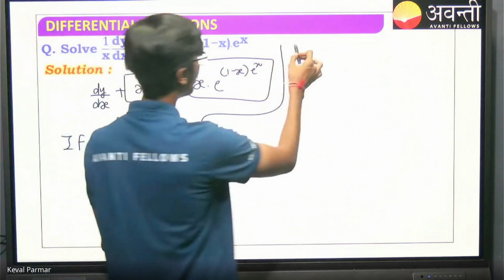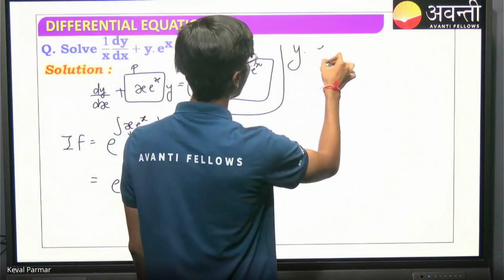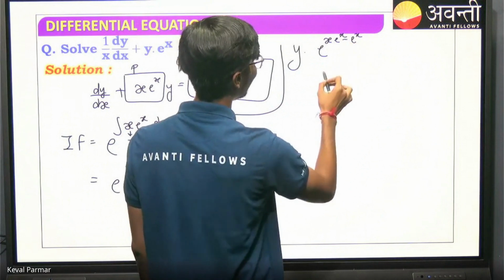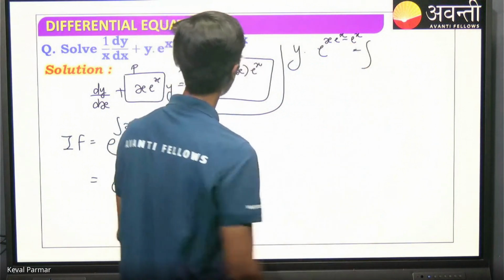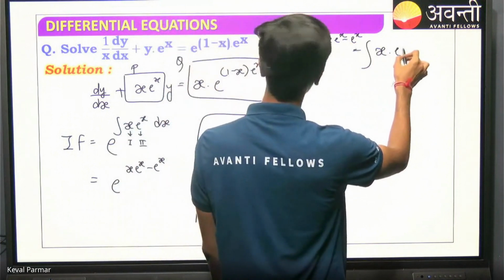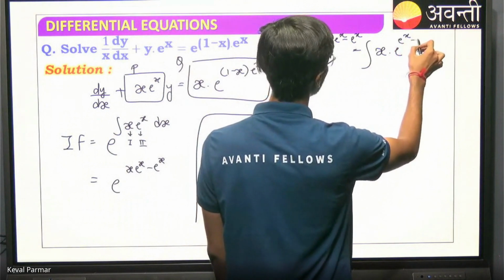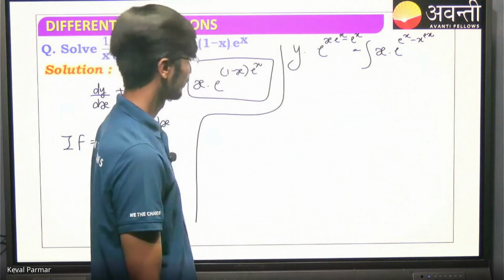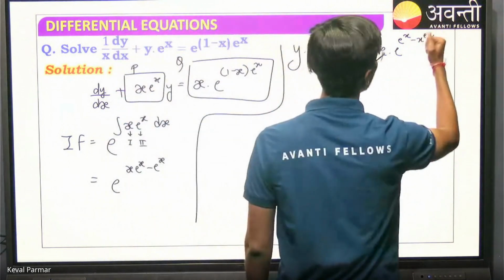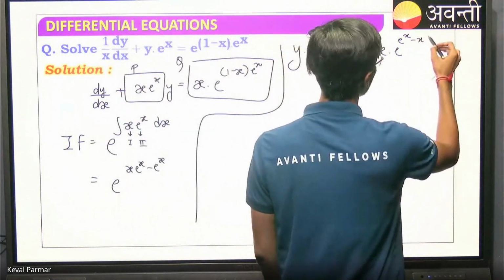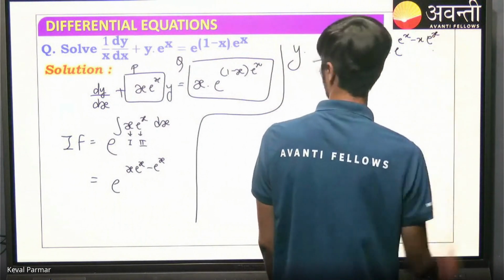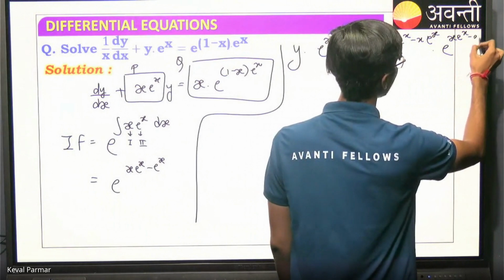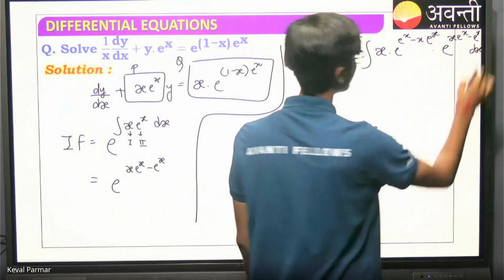Solution will be y into integrating factor is equals to integration of q x into e raised to x minus x e raised to x into e raised to x e raised to x minus e raised to x dx.